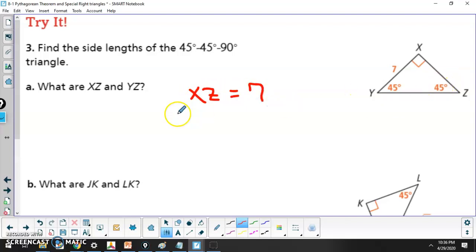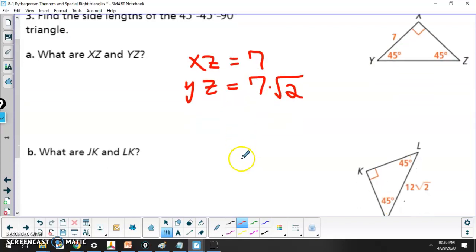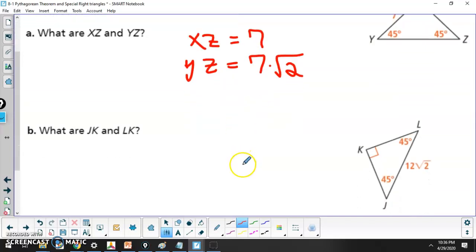Using the theorem we just talked about, YZ is going to be the side, 7, multiplied by the square root of 2. So YZ is 7 times the square root of 2. You could also get a decimal approximation with your calculator. Just make sure to use the square root key. So there you go.